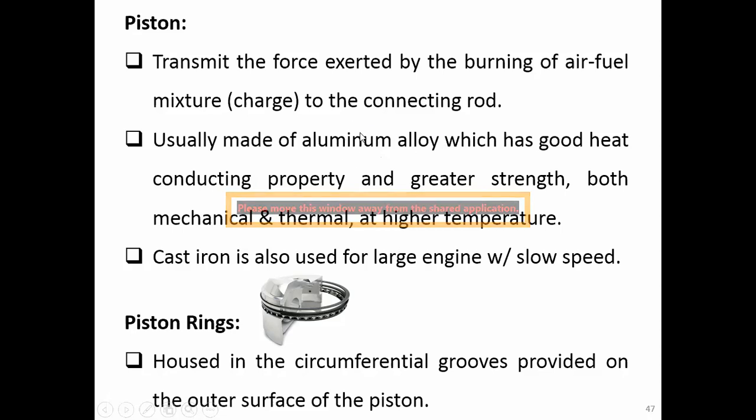The reason is that this aluminum alloy has good heat conducting properties and also greater strength, in both mechanical and thermal. Because imagine that apart from the force exerted by the burning of the charge, there is also the heat that comes out from the combustion.